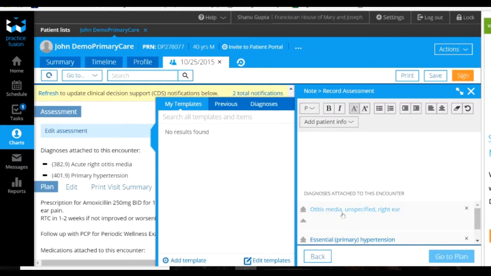Next, we'll go to the assessment. And the diagnoses have already been entered in here. So we've decided that Mr. Demo Primary Care has otitis media of the right ear, and he also has essential hypertension, although today his blood pressure is actually low.